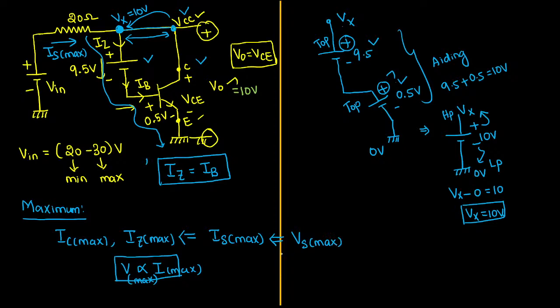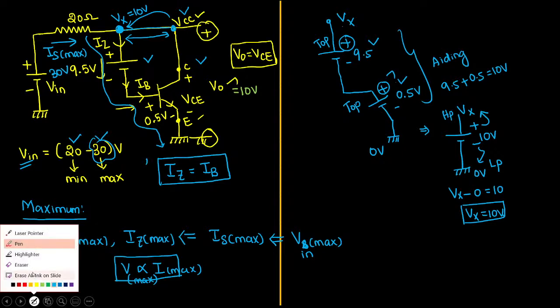Supply voltage or input voltage, whatever, I am calling it the input voltage. So the maximum input voltage is required. The input voltage range is given as 20 to 30, so the maximum means I have to take 30 volts. That is the conclusion. To solve this entire question, the supply voltage is going to be fixed at 30 volts. That is the next conclusion we made here. Yes or no? I hope you all understood this.